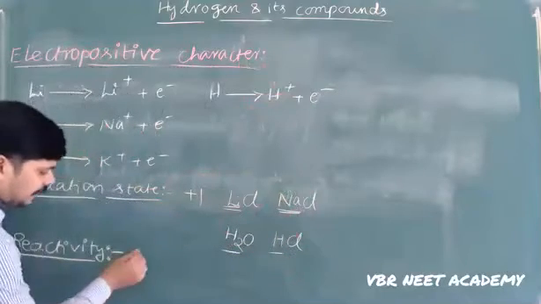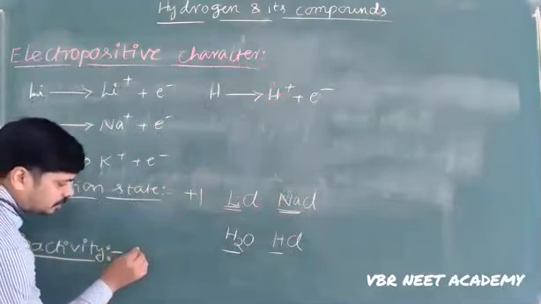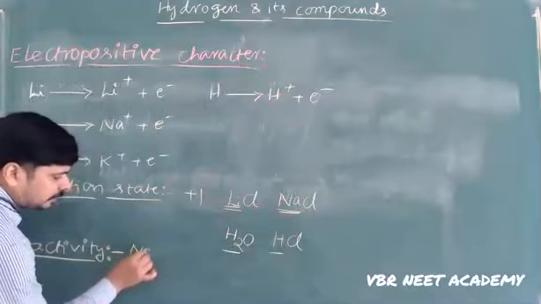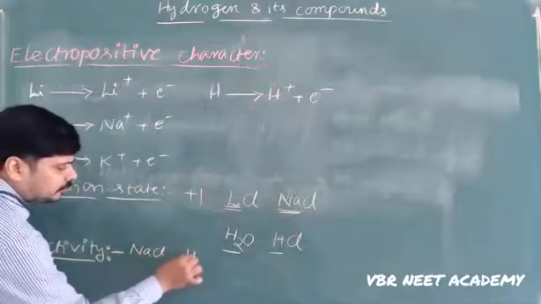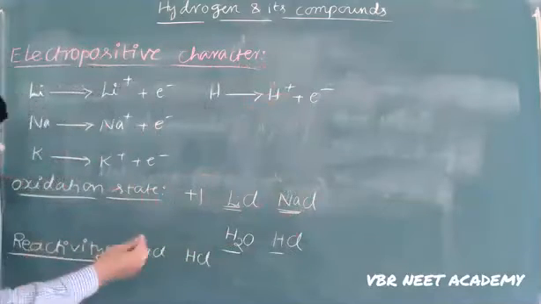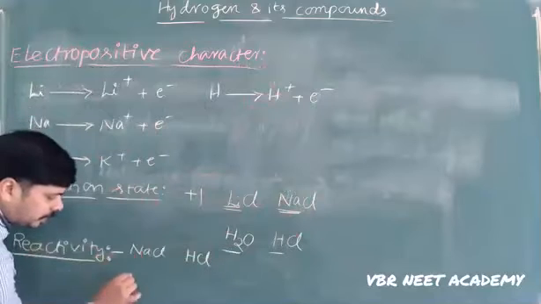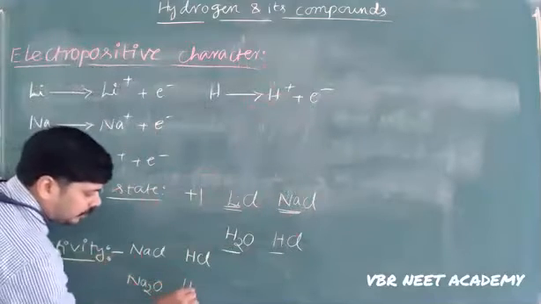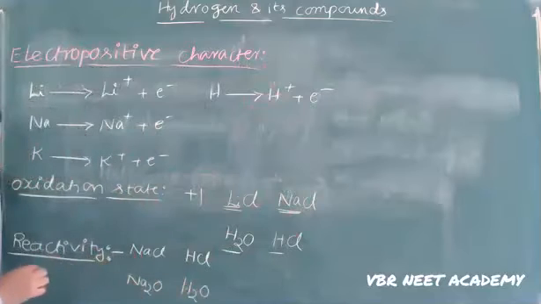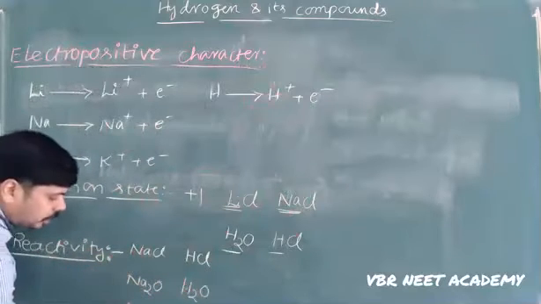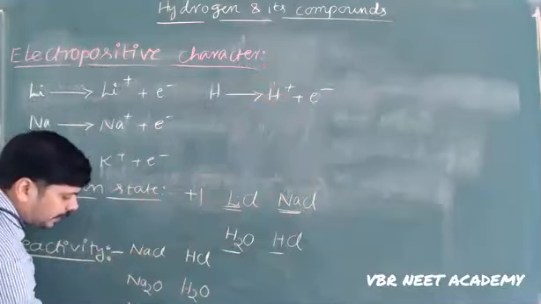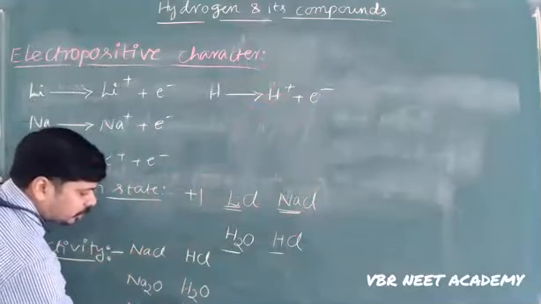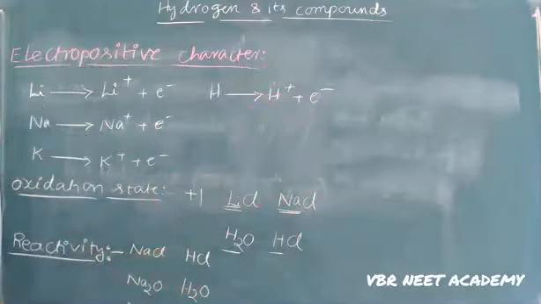Say for example, with halogens we get NaCl, and hydrogen will form HCl. With oxygen, it will form Na2O, where hydrogen is going to form H2O. And similarly, with sulfur, it is going to form sodium sulfide, and hydrogen is going to form hydrogen sulfide.